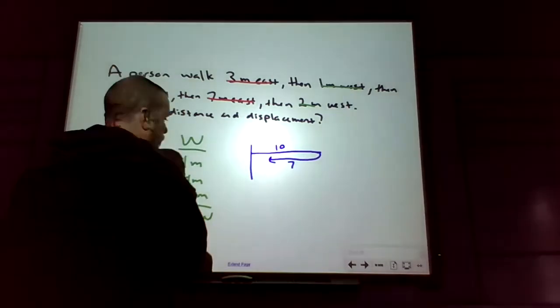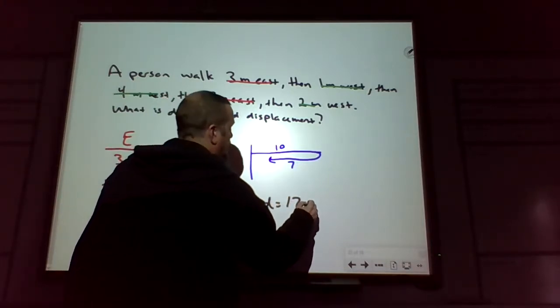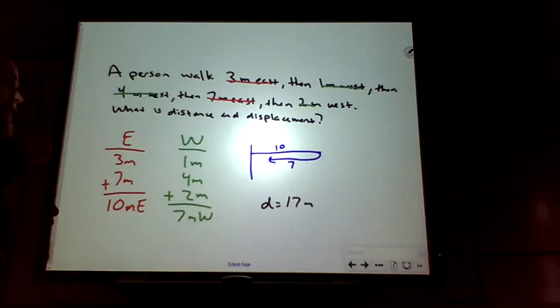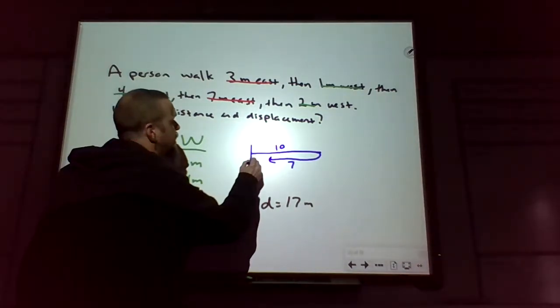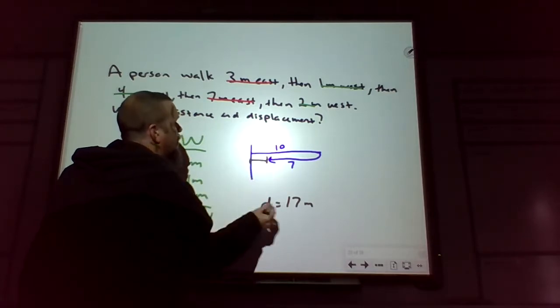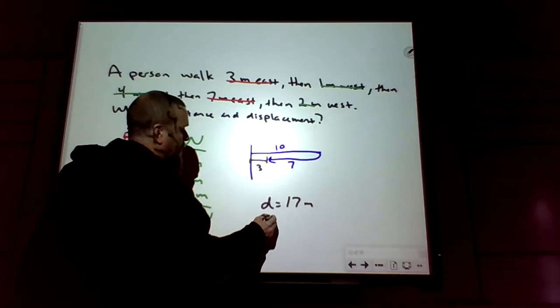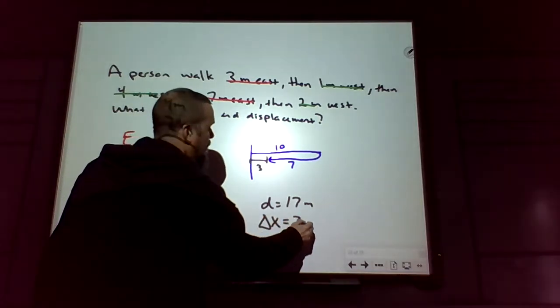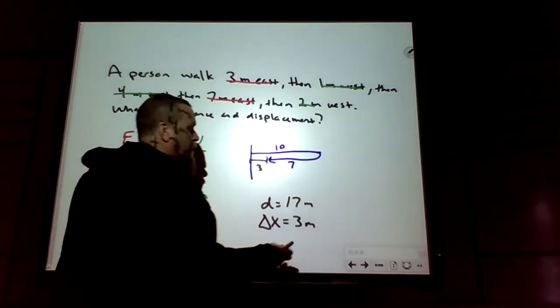Again, the distance is going to be the total, so 10 plus 7. This person has walked a distance of 17 meters. The displacement is going to be the distance from here to there. So if we've gone 7 meters back, that stands to reason we have 3 meters left. And again, we need a direction. We are east of our starting position.